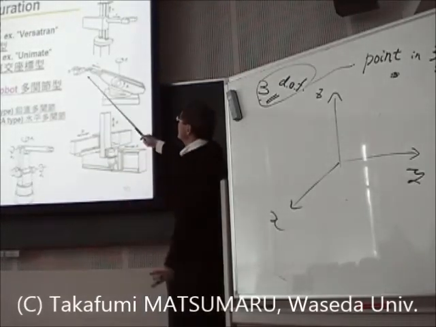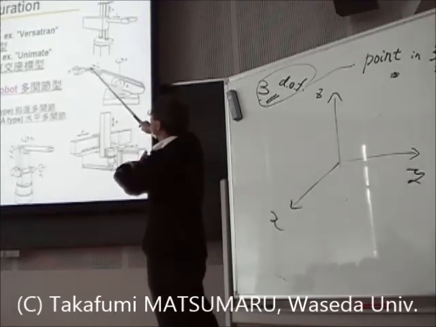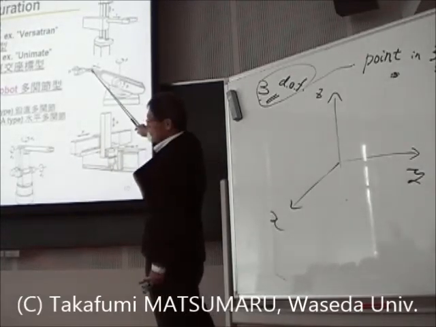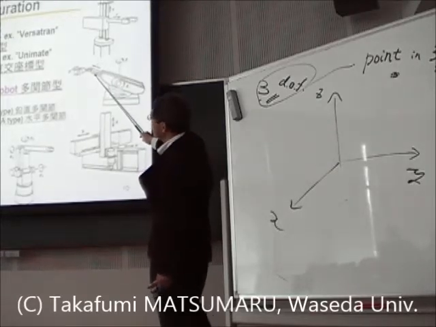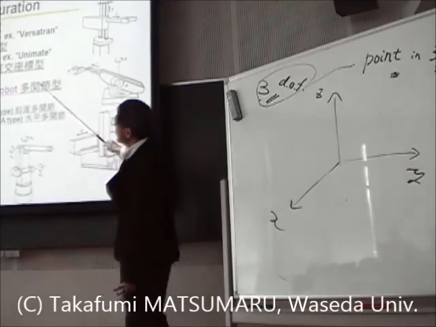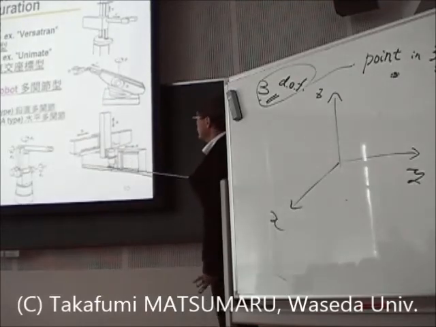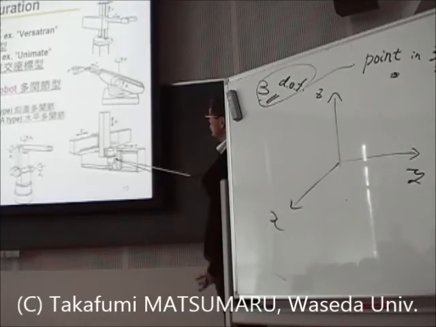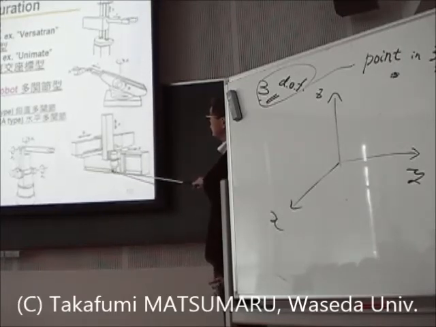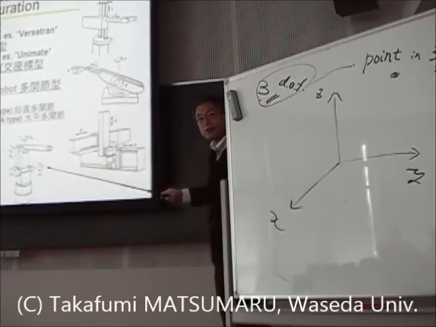The 3 degrees of freedom are used in the positioning of these places, positioning in 3-dimensional space. And the Cartesian coordinate robot has 3 linear sliding movements used for this position's localization, positioning.